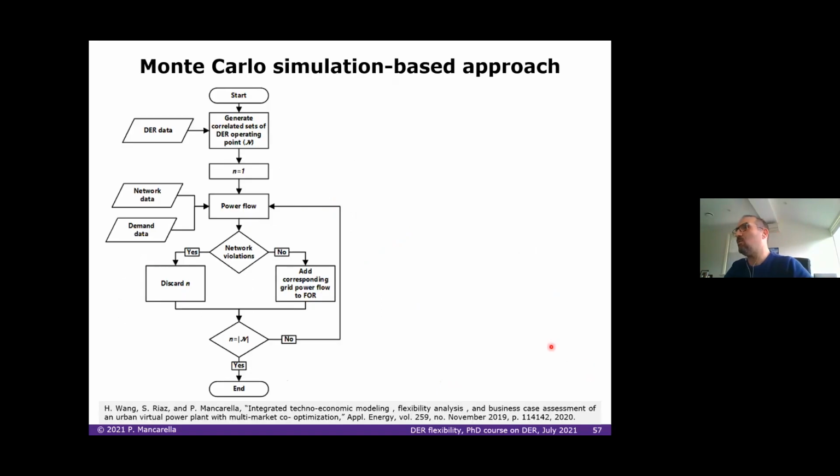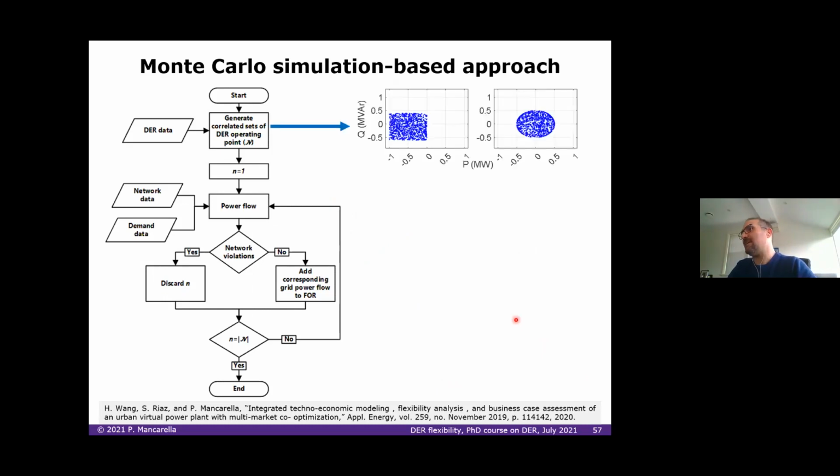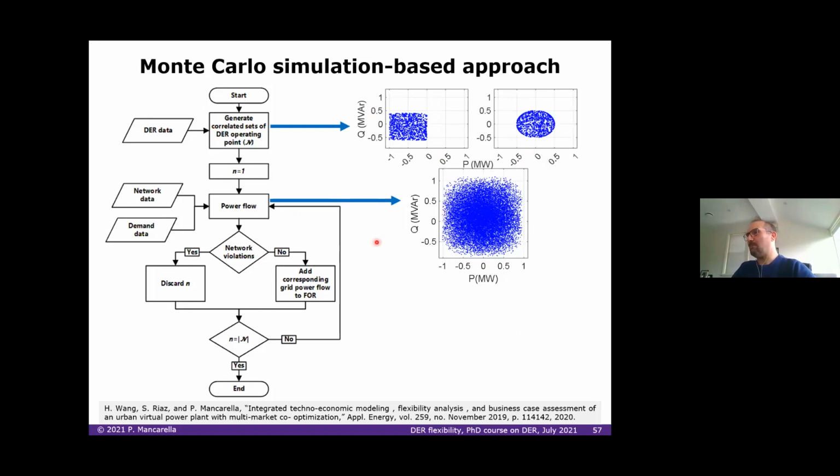There are also other ways of doing it. It's based on Monte Carlo simulation, for example. In this case, what you would do is generate a set of operating points, including correlation where there is some, because, for example, you have different PV resources. Of course, you want to capture the correlation of the production of PV at the same time in a certain area. Then you run power flows.